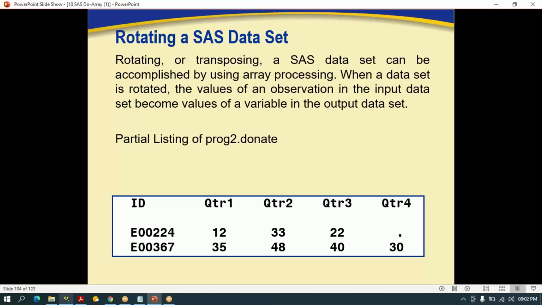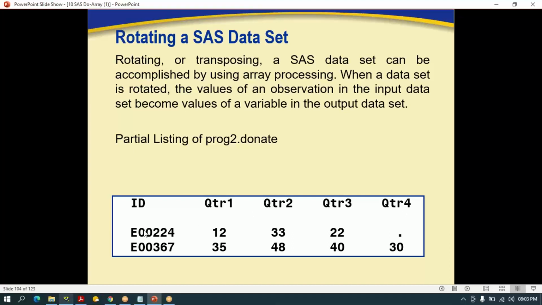With arrays it will be a little bit complex, but with the transpose procedure you can simply specify which variable you want to drop and which variable you want to use as the BY variable. Let's see this. This is my dataset. There are 4 different quarters.